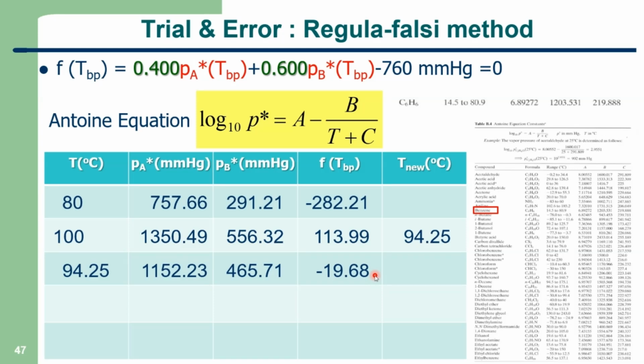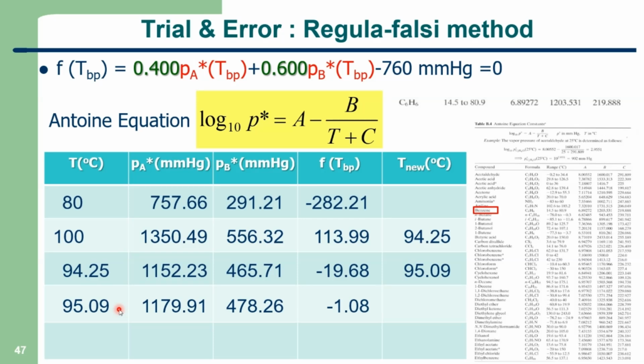And then you are not happy. So you know that the true answer will be between 100 and 94. So you choose 95. And you put 95 here, and you got minus 1.08. So it's very close already. So for your midterm, in your final exam, if you can do this for me, I'll be more than happy.